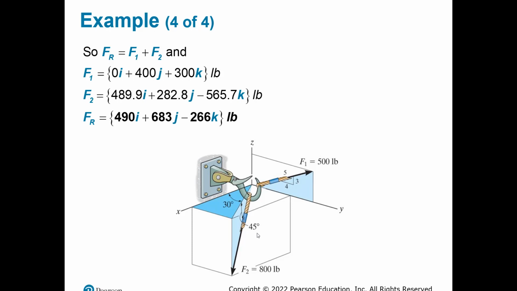If we add them all together, we have F1 and F2. Basically, and pretty simple, we will just take this one plus this one, and this one plus this one, and this whole number plus this one, and at the end, this is what we get. Just remember, don't forget the units, because this is a vector force.